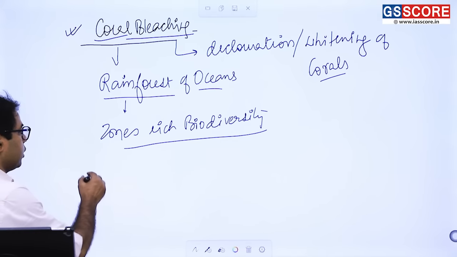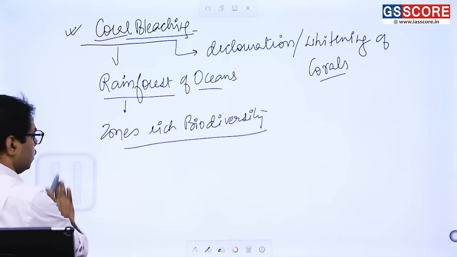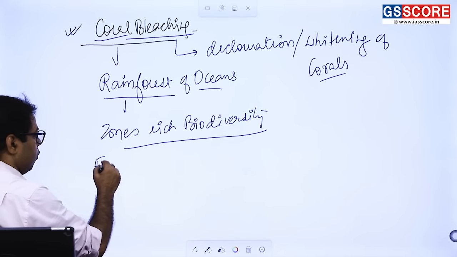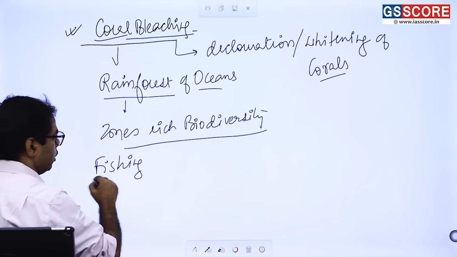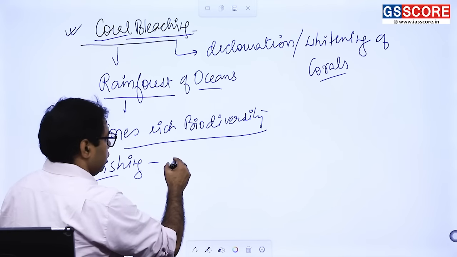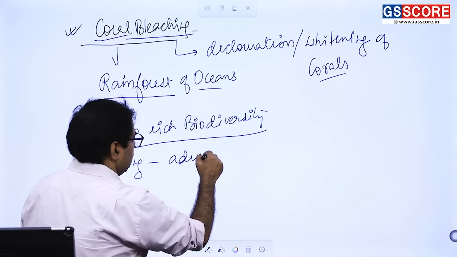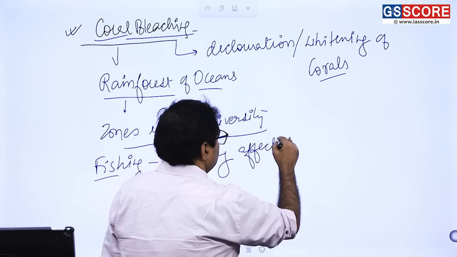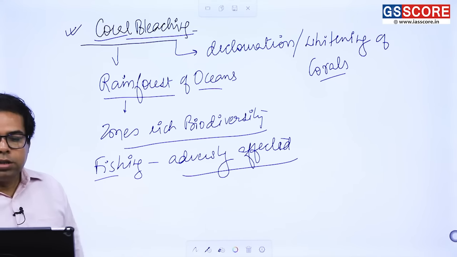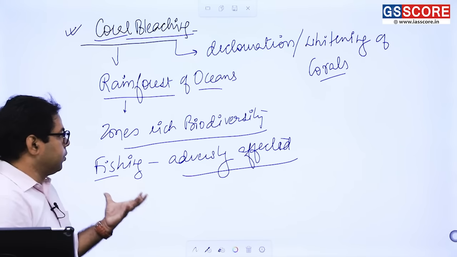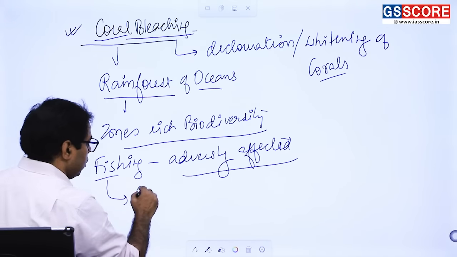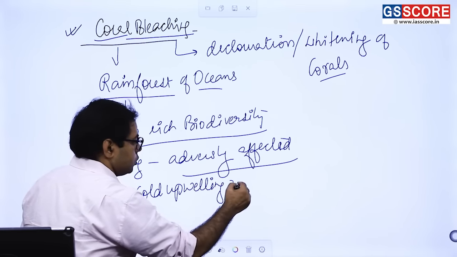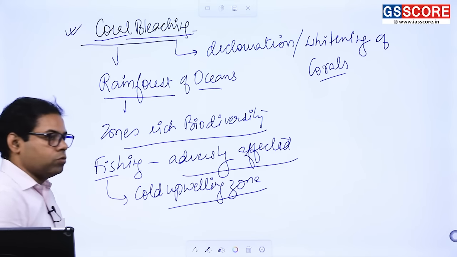Then another impact of the marine heat wave shall be observed: fishing shall be adversely affected. The reason is that some areas, particularly cold upwelling zones, are rich fishing grounds of the world.